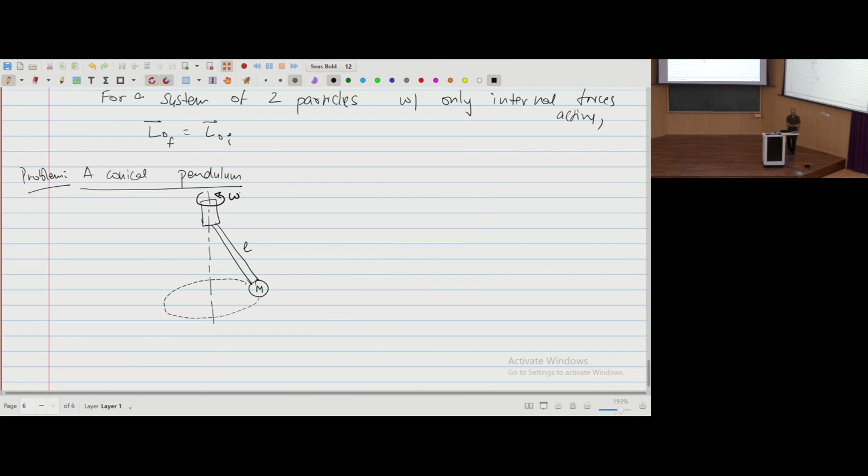The rod rotates with angular speed omega, and the rod is at an angle alpha. The rod is massless. You can assume the rod to be massless.